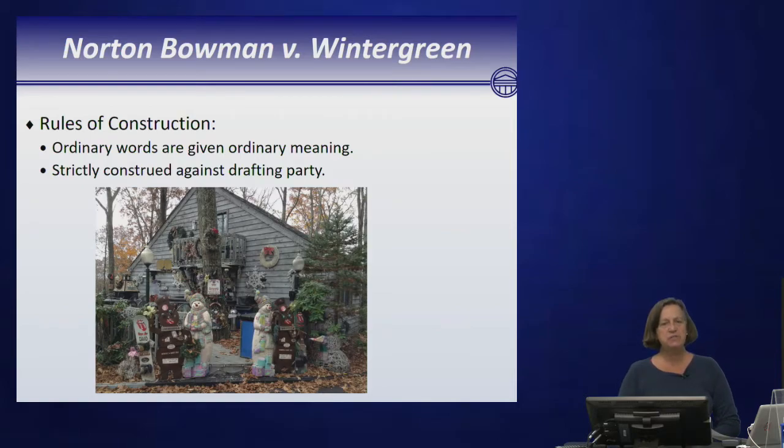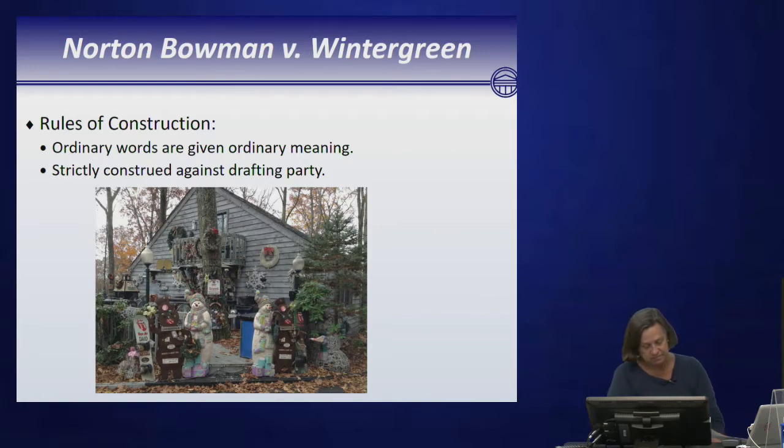So if you write a restrictive covenant, it is strictly construed against you. I don't think that Wintergreen can properly maintain that no alteration in the exterior appearance is the same as no items which alter the exterior appearance. So that was their first problem.